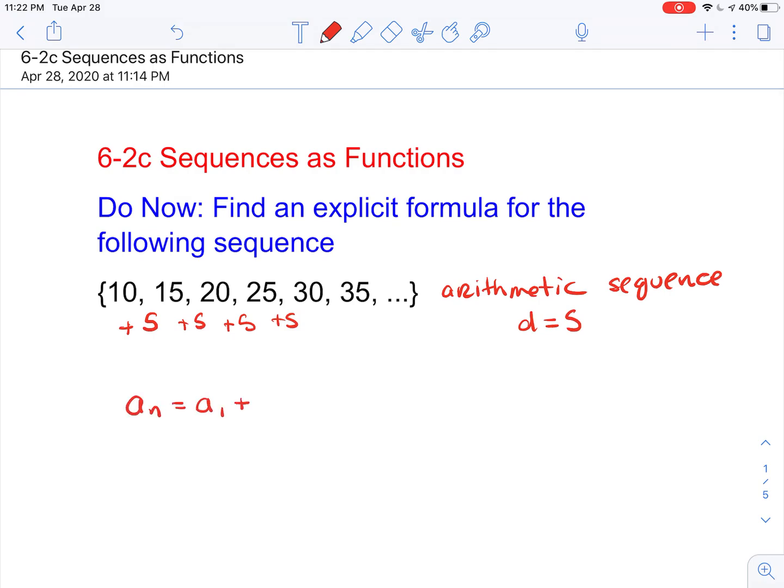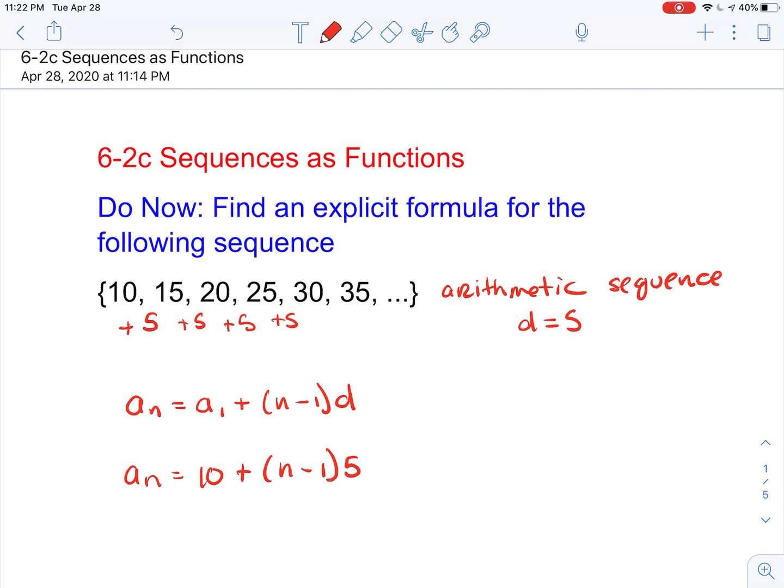So using the formulas we've been talking about, that means we're going to be using a sub n is equal to a1 plus n minus 1 times d. Plugging in our values, we get 10 plus n minus 1 with a d value of 5.